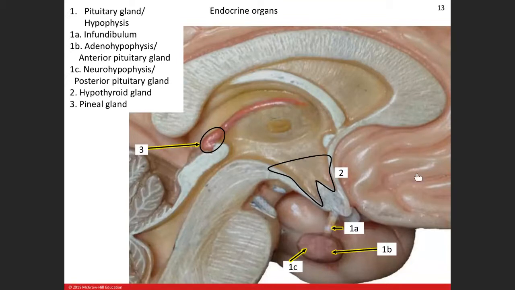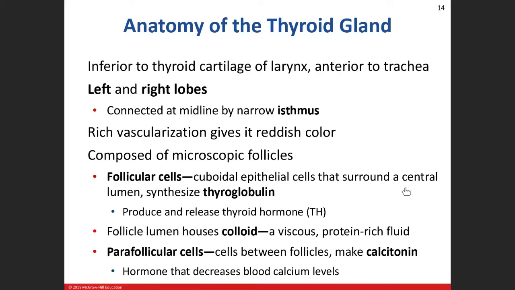So let's jump into our first gland. We saw this way back when we were first learning the anatomy in 210. This gland is in close approximation to the trachea, your windpipe. It's our thyroid gland. To locate it is easy to do, and for some of us a little bit easier.